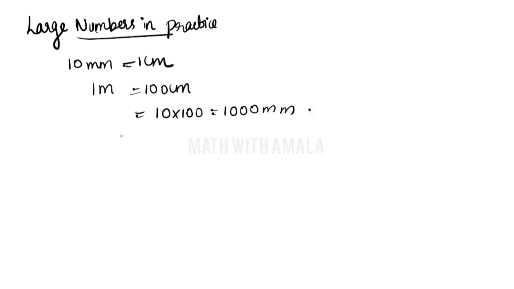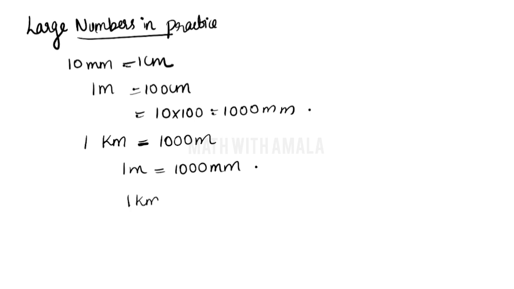Next, we have to make a connection between kilometer and meter. So we know that how many meters are 1 kilometer? Of course, it is 1000 meters. 1 kilometer is equal to 1000 meters. So what is 1 meter? 1 meter is 1000 millimeter.